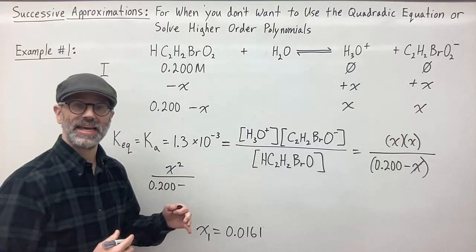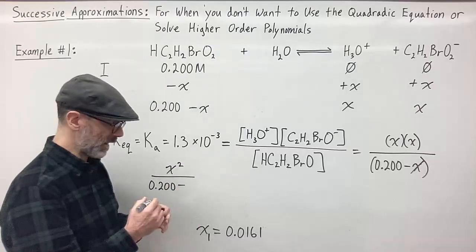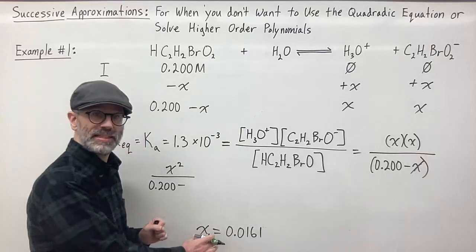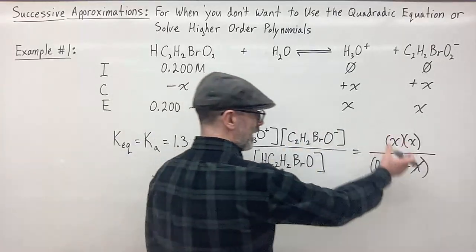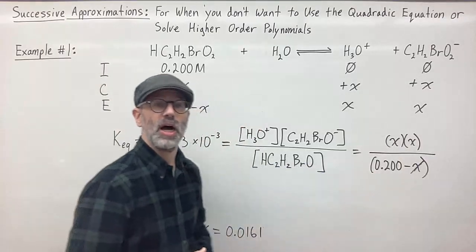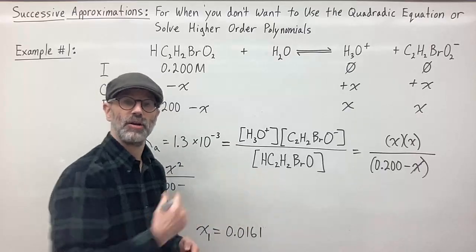So this is an iterative process, meaning that I repeat it over and over again. I do the same calculation over and over again, each time putting in the previous X value that I got into the expression here until I get the exact same X value spit out as before.